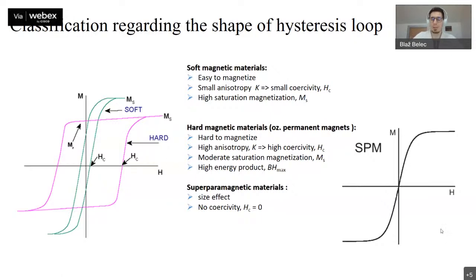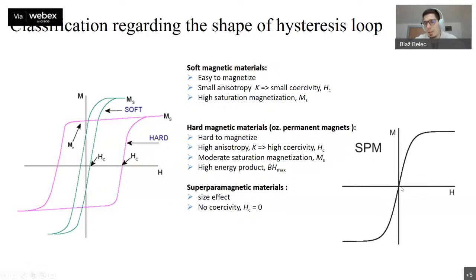A special case depends on the size. So we find this only in the nano regions, so nanoparticles, and below a certain level, which is called the superparamagnetic limit, are superparamagnetic materials.